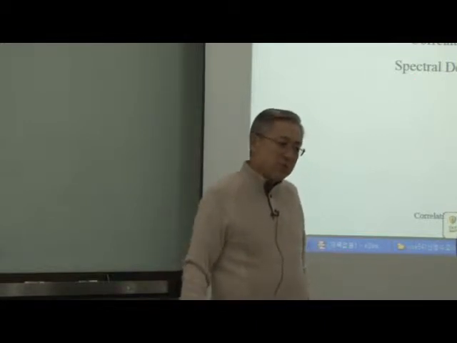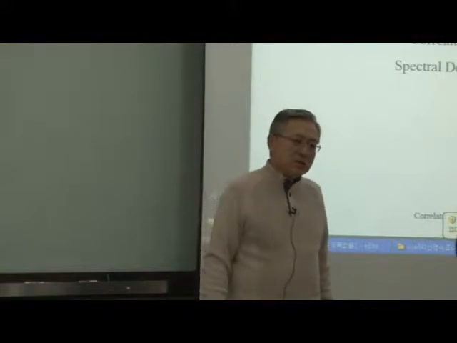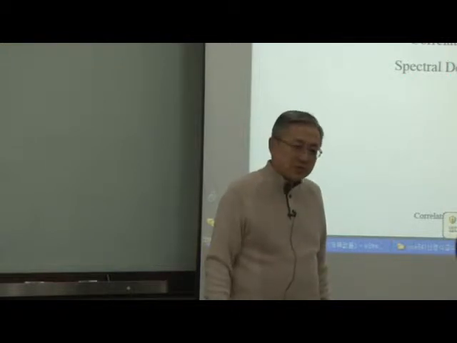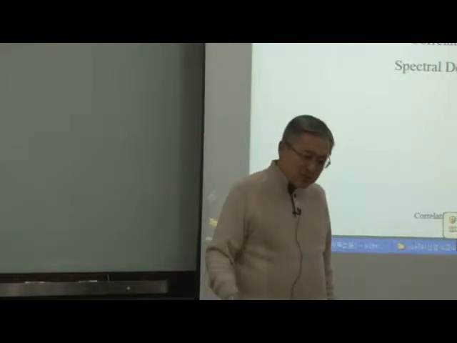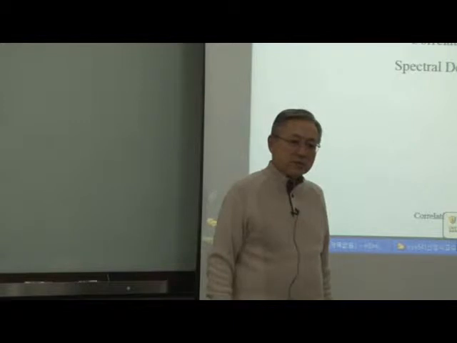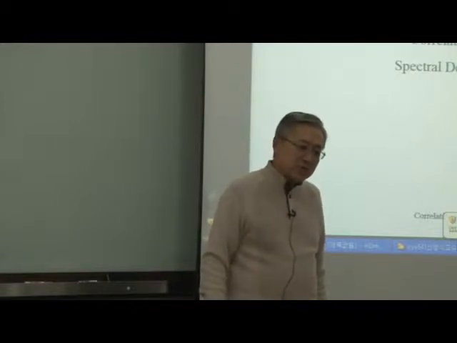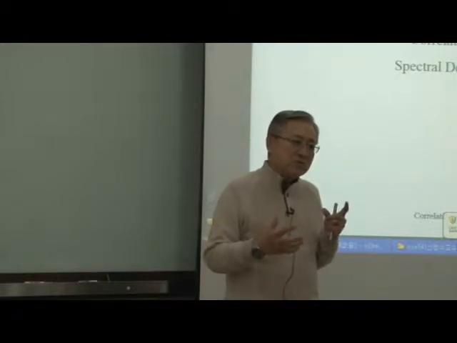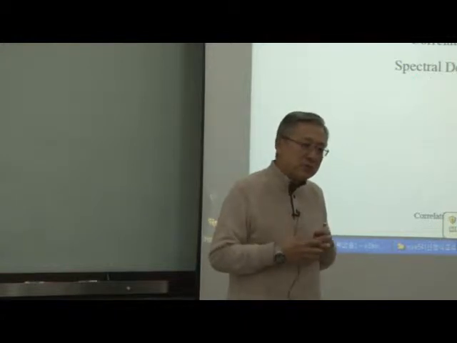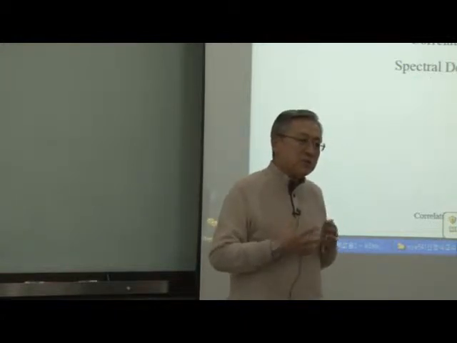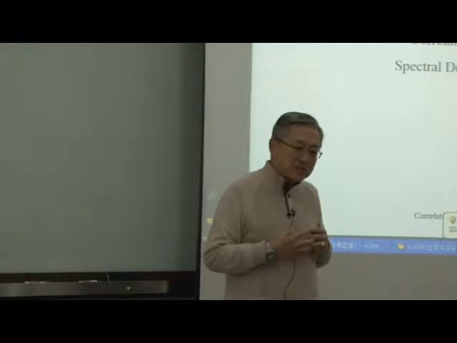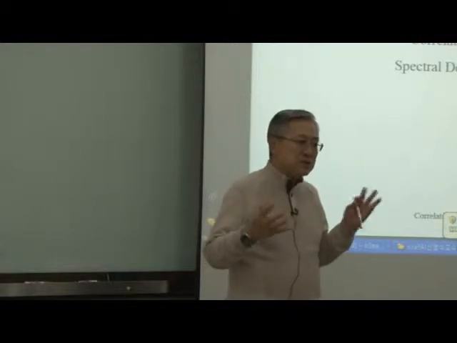Usually lots of problems fall into independent noise, but not necessarily independent, sometimes dependent. When two random variables are dependent on each other, the complexity of the problem is much higher.